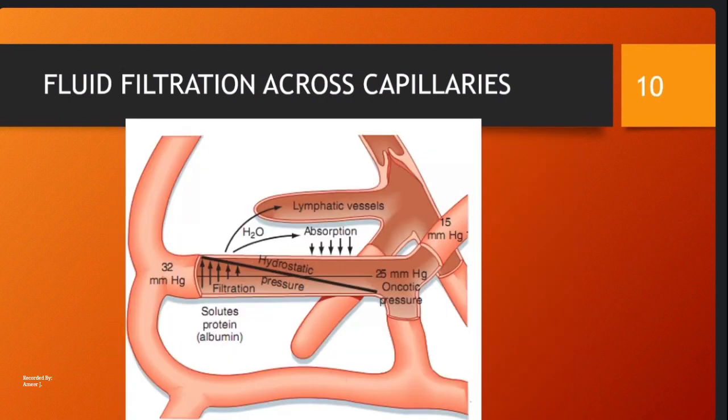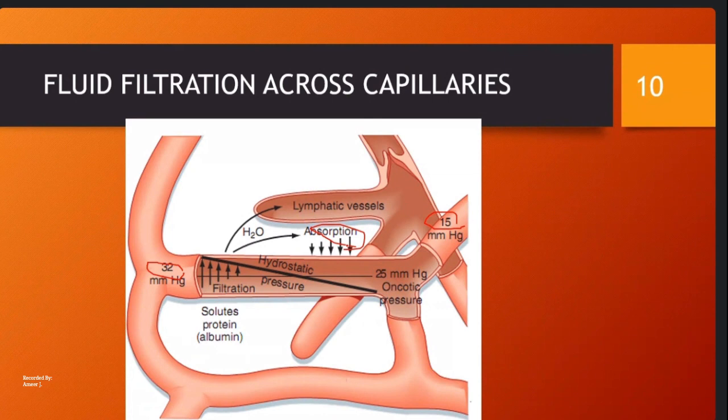This is showing a schematic figure. As you see, at the arterial end, the pressure is about 32. At the venous end, it reaches about 15. And across this area of capillary bed, the filtration will decrease and absorption will take place, as you see in this figure.